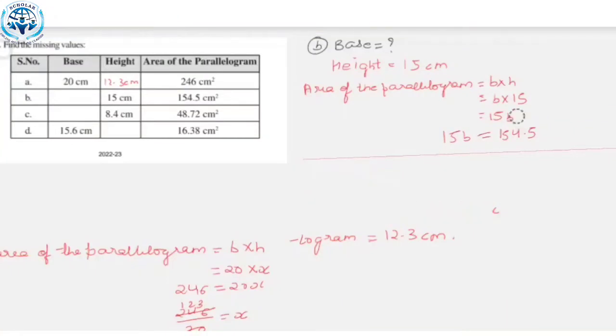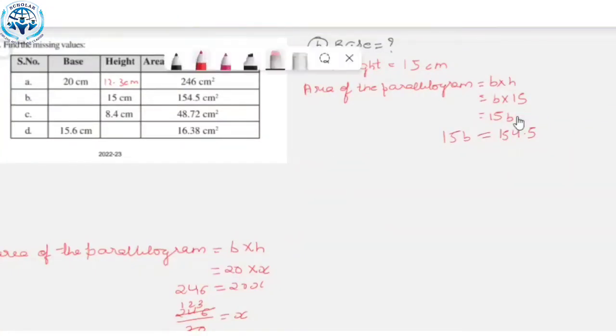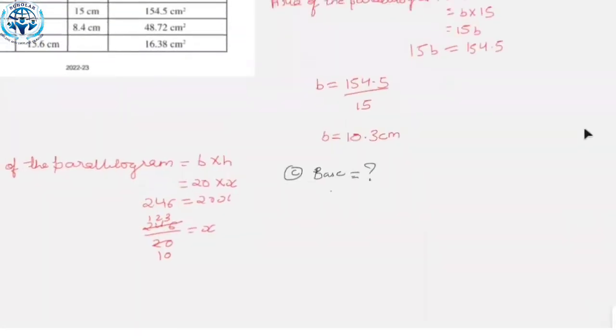Solving this, we will get the value of b, that is the base. Removing the point, we will get 10 in the denominator. And solving this, we will get the base as 10.3 centimeter.